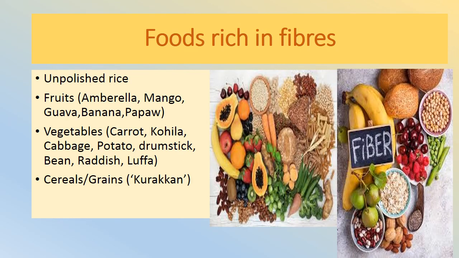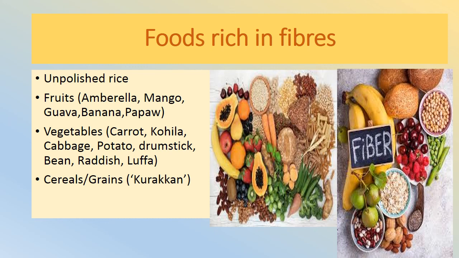Foods that are rich in the different types of fibers. So children, unpolished rice is a very rich source of fiber. And fruits such as umbrella, mango, guava, banana and pepper are all rich sources of fibers.